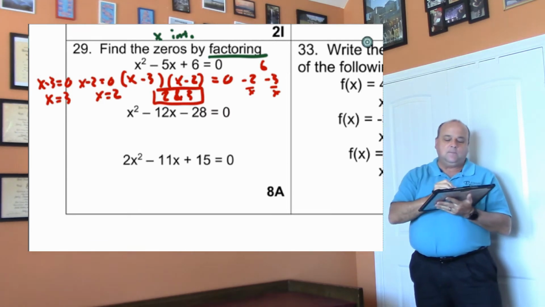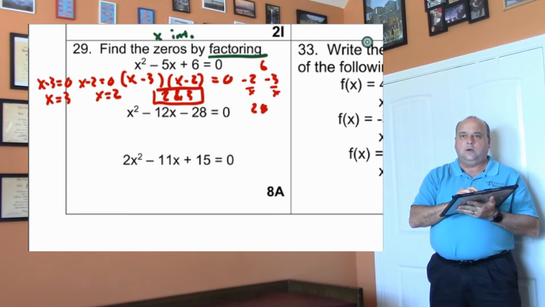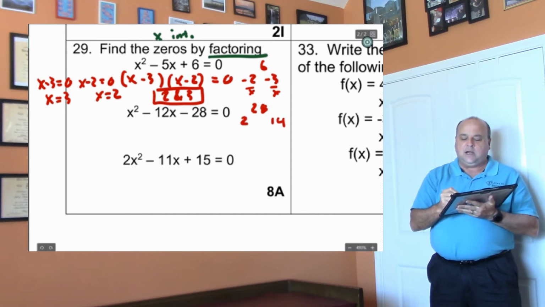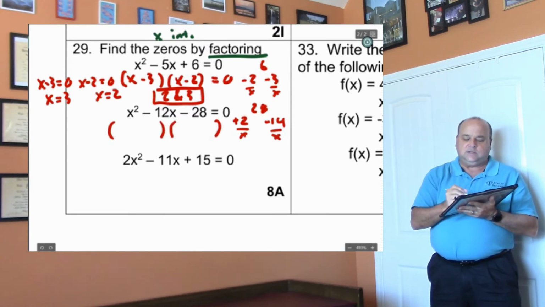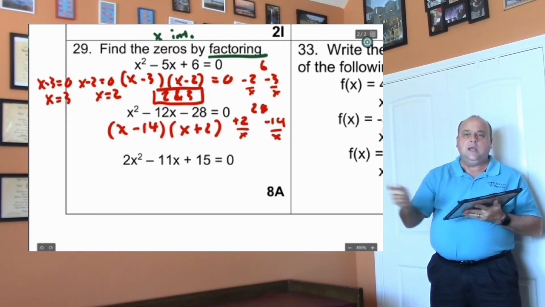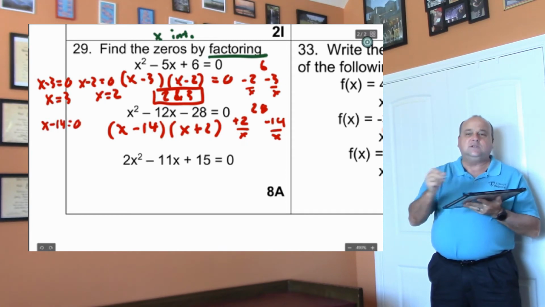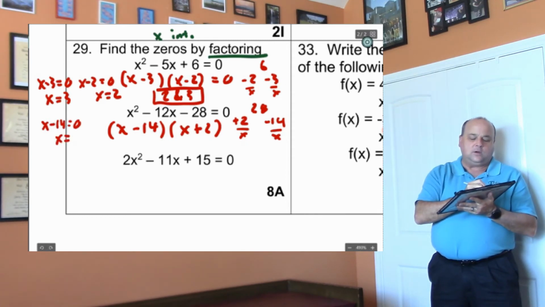Let's do the next one. I need the factors of 28 that subtract and give me 12. That's going to be 2 times 14. The 14 will be negative, the 2 will be plus. Nothing in front of the x squared, so put x on the bottom, and then draw your parentheses. My parentheses will be (x - 14) and (x + 2). Now then, set them equal to 0. So x - 14 = 0. My root, or my zero, will be 14. x + 2 = 0.